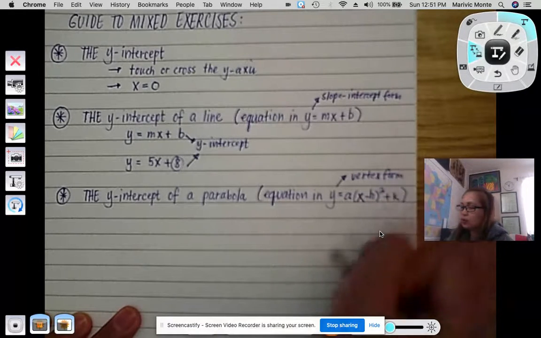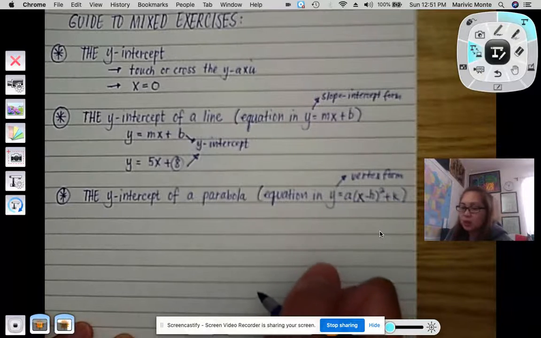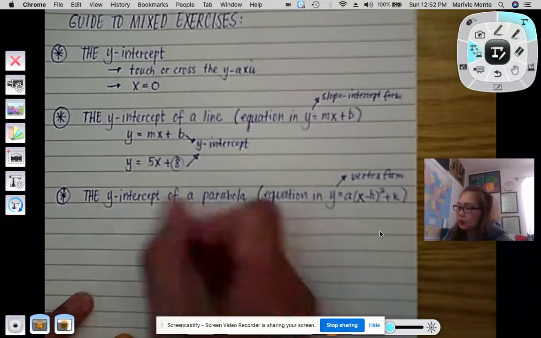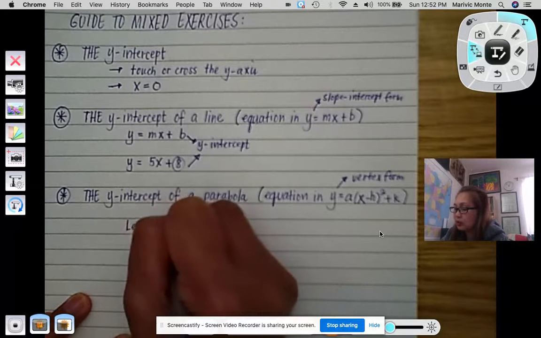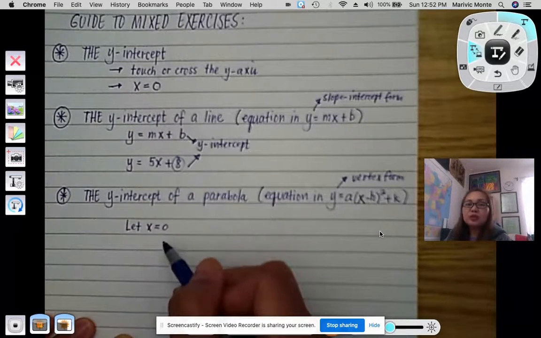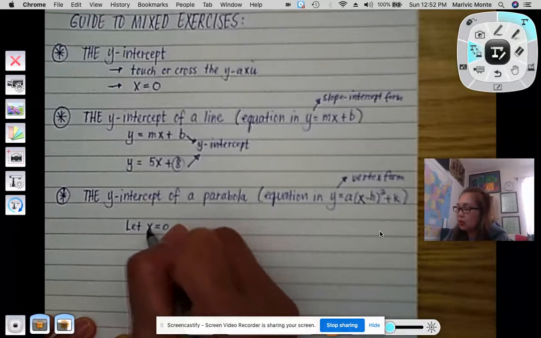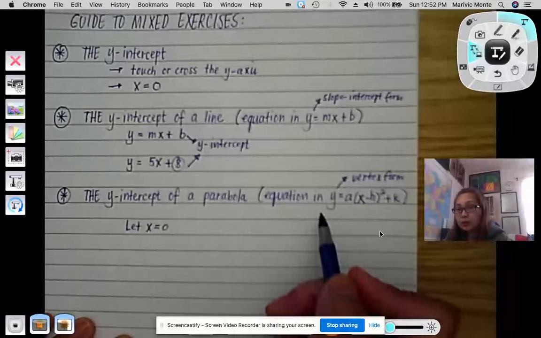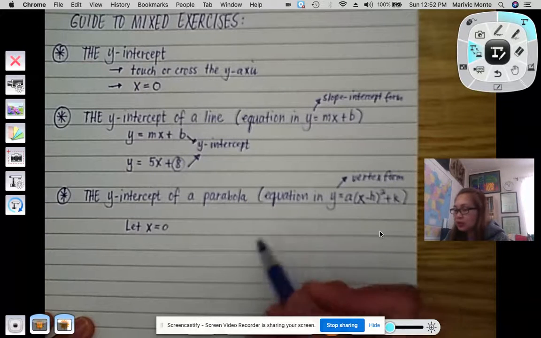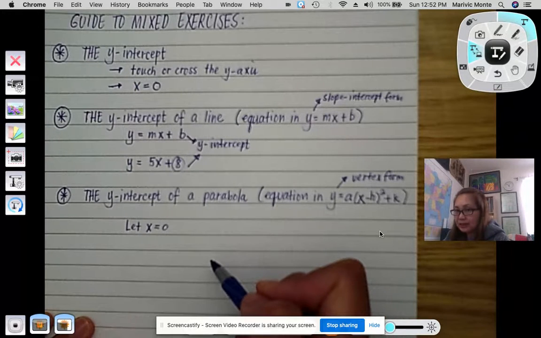In order to find your y-intercept, you let x equal 0 and substitute that into your given equation to find the y component. That would make up the complete set of coordinates for your y-intercept.